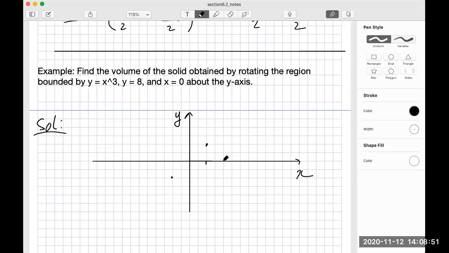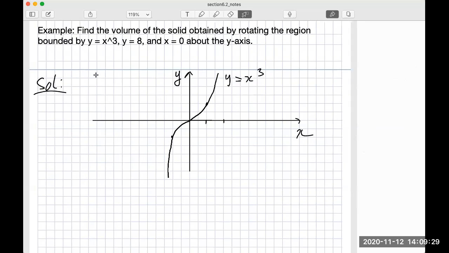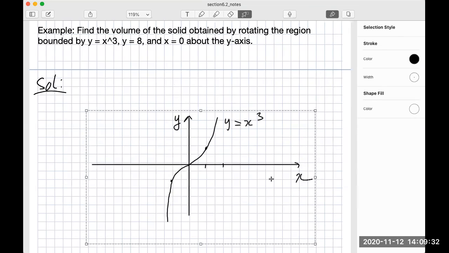At 2, it would be 8, right? Yeah, it's not very good, but you can do it better. So, rotating the region bounded by y equals x cubed and the line y equals 8. Huh, interesting. So I think I need to draw a better one.